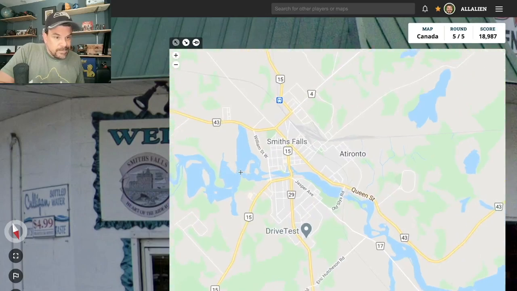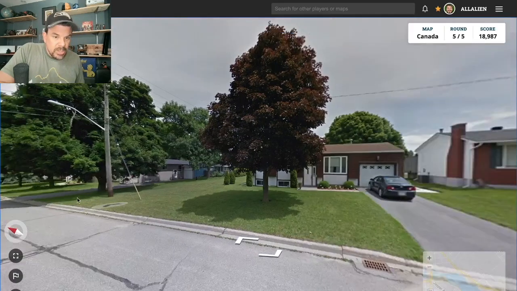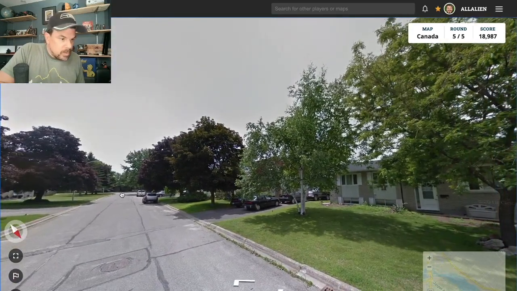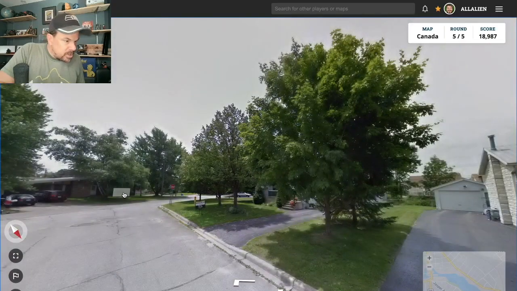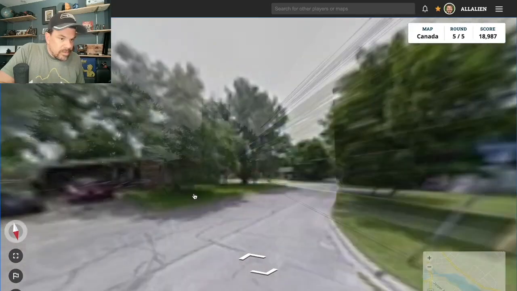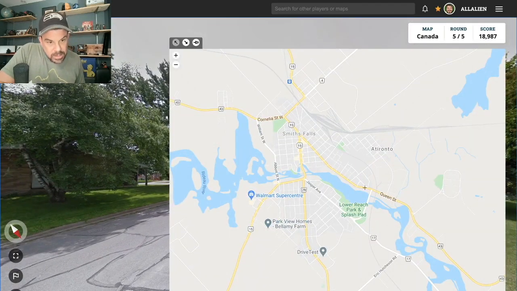Which is right here. And what street intersection were we on when we started here? We are north of Lavinia and St. Lawrence.